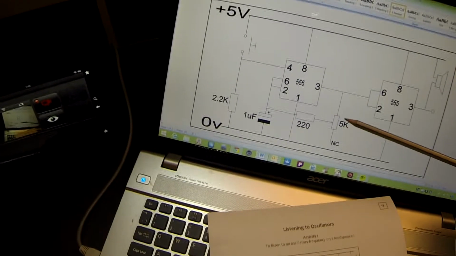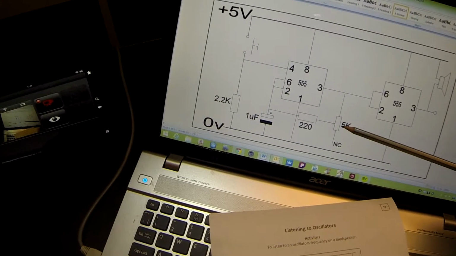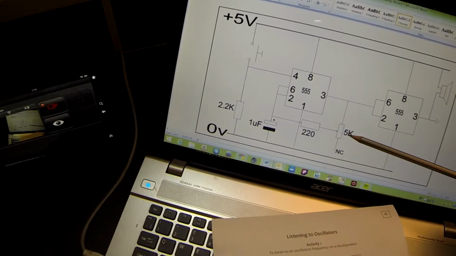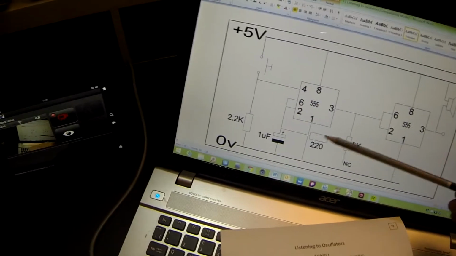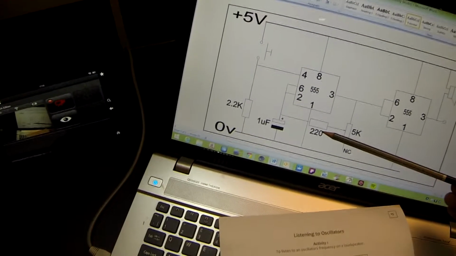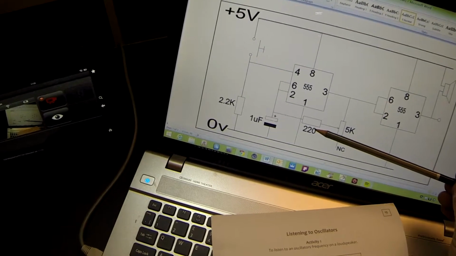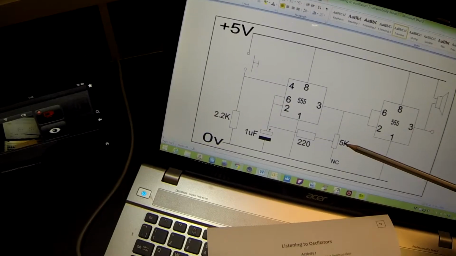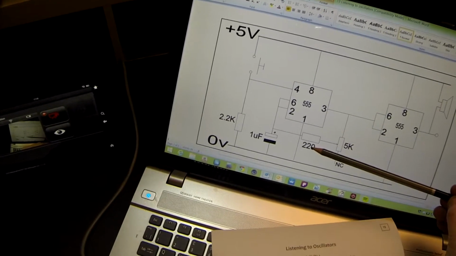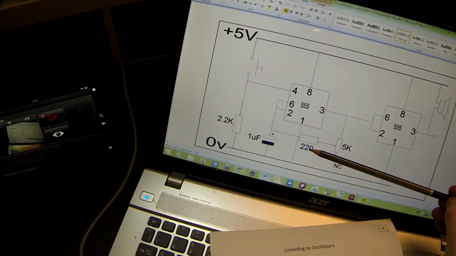So the maximum resistance in this circuit is 4,700 plus 220 ohms, which is 4,920, and the minimum resistance is 220. Now, do we know which value of resistor would give us the maximum and minimum? So let's do a calculation.